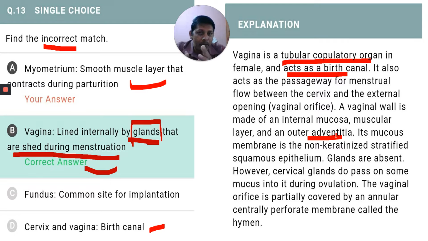Reproductive tract. Earlier you learned MALT, mucosa associated lymphoid tissue. It is present in the reproductive tract, digestive tract, respiratory tract, and urinary tract.